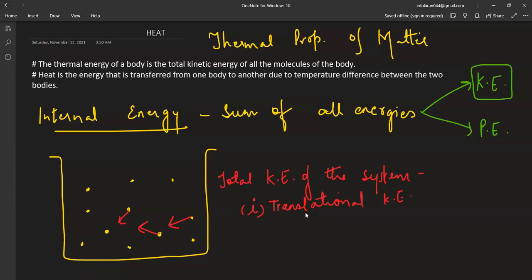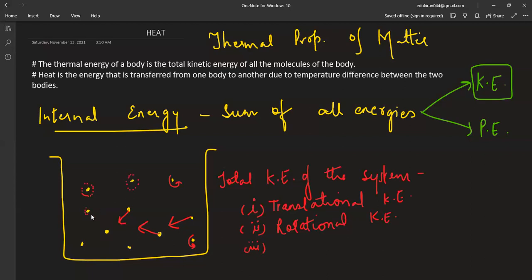Then there is also a possibility that these particles are rotating like this. The particles are rotating like this, which is the rotational kinetic energy.